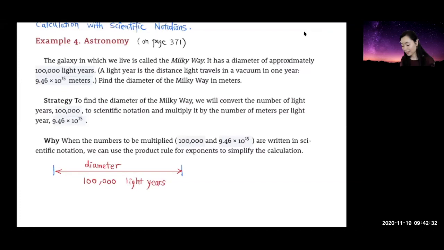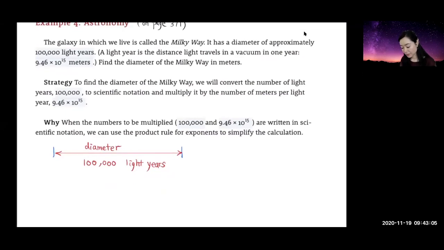A light year is the distance that light travels in a vacuum in 1 year. So if you travel from one end of this Milky Way to the other end, it's going to take you 100,000 years when you travel at the speed of light. So when we think about this, we are so small.